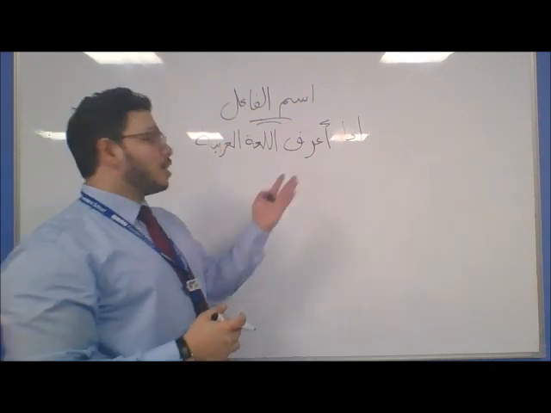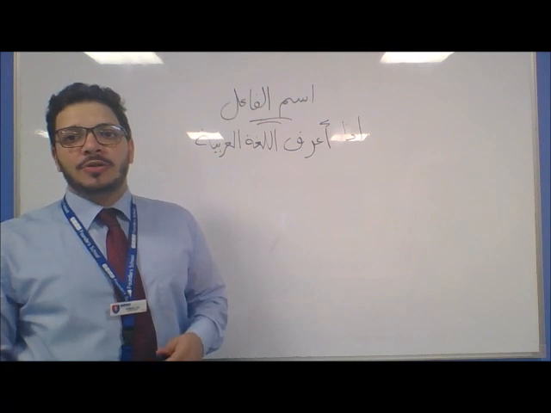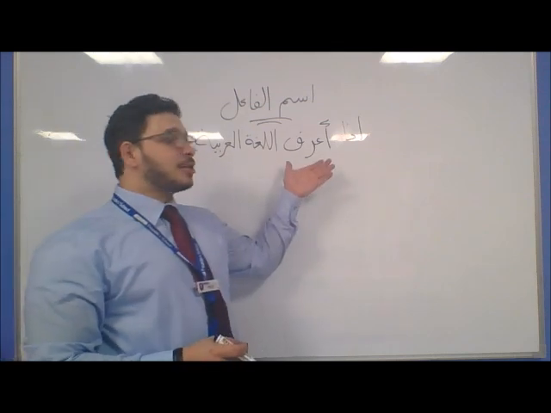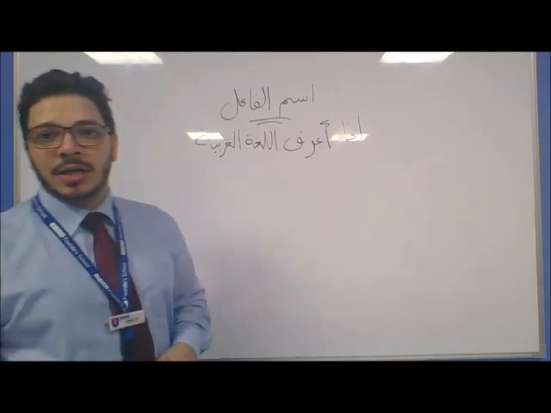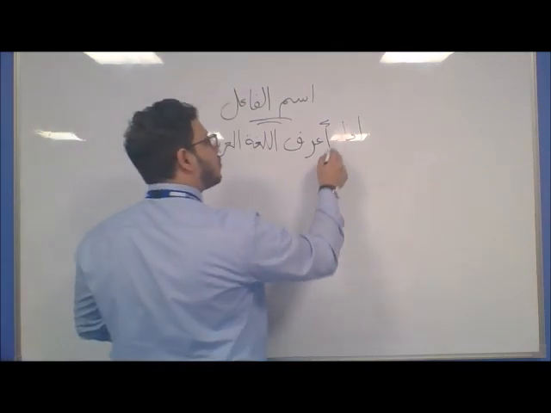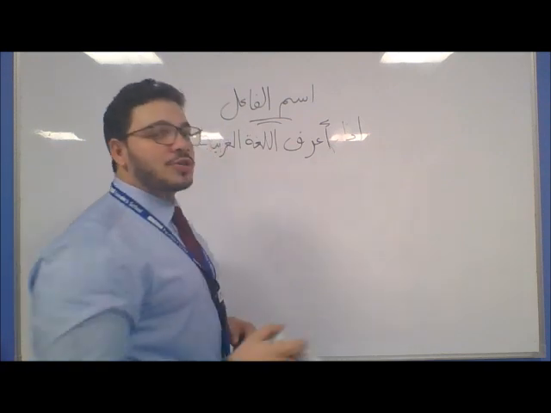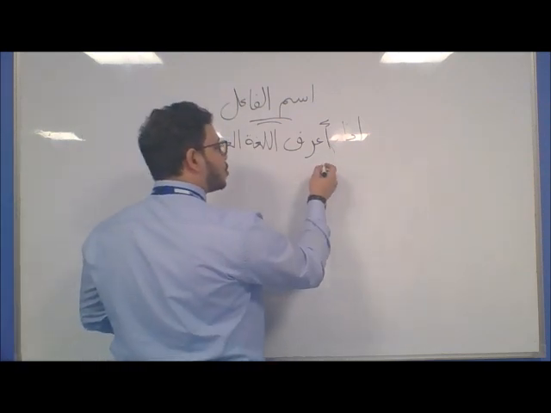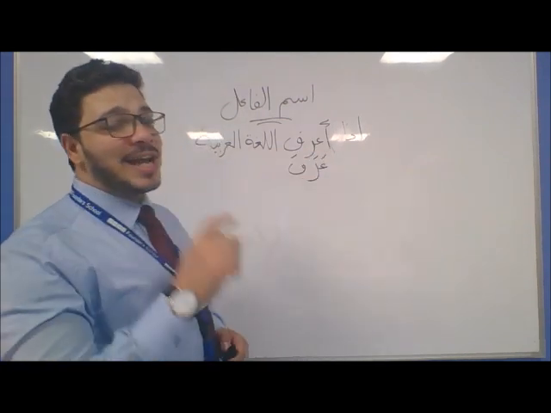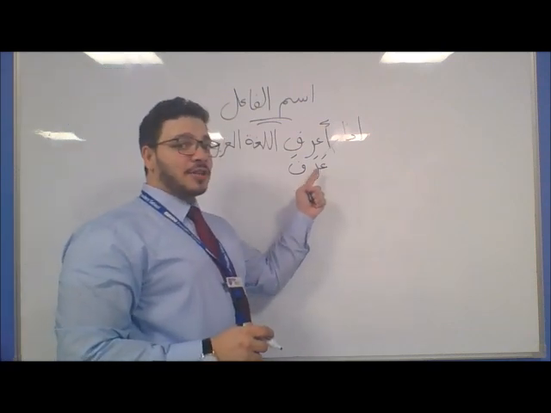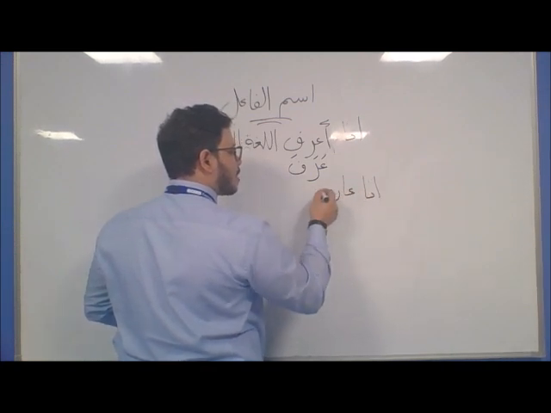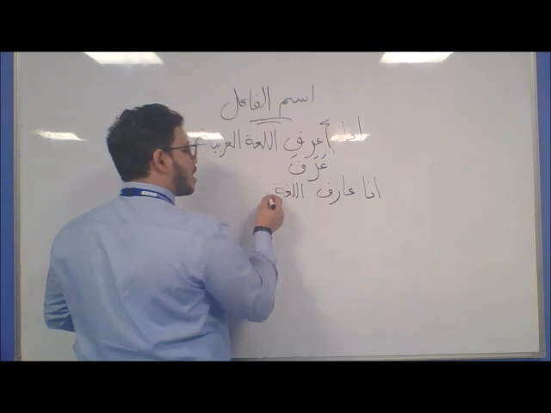So if we want to use the اسم فاعل here, instead of using the conjugated verb أعرف, yes, I can hear you saying that, we're going to remove the alif because alif is the sign of the conjugated verb, and we're going to have the root, which is arifa. And then we're going to add alif after the first letter.